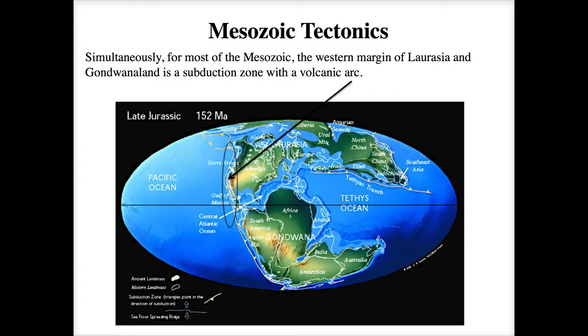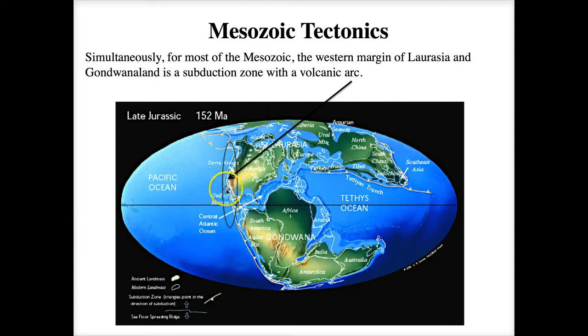Now, simultaneously, during most of the Mesozoic, along the western margin of Laurasia and Gondwanaland here, what we see is a subduction zone. And so the plate out here, which ultimately is going to become the Farallon plate, is moving eastward and subducting along the western margin of Laurasia and Gondwanaland.